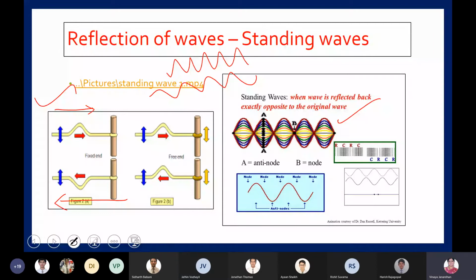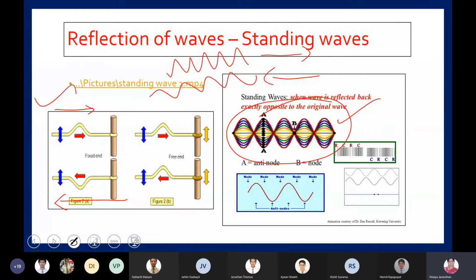The wave is continuously moving forward and continuously reflecting back. If they have the same speed, same amplitude, same frequency, they will overlap. When they overlap, they form such patterns, what we call standing waves or stationary waves.